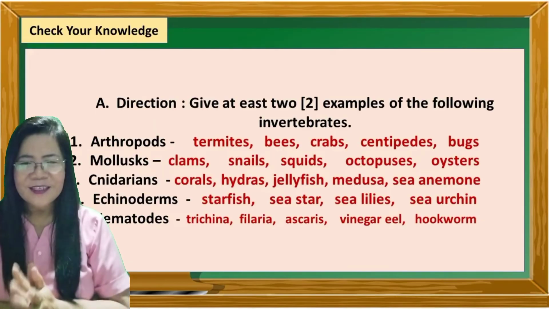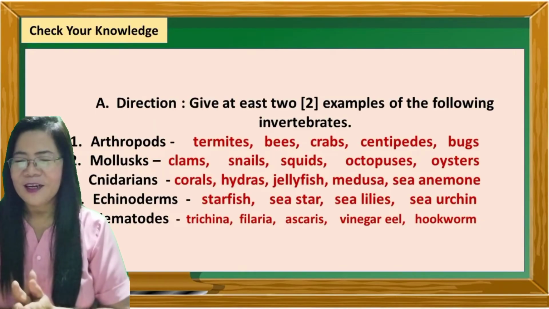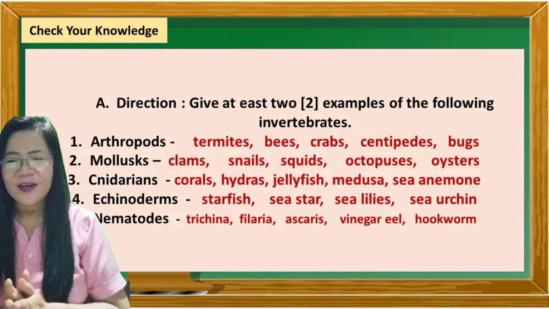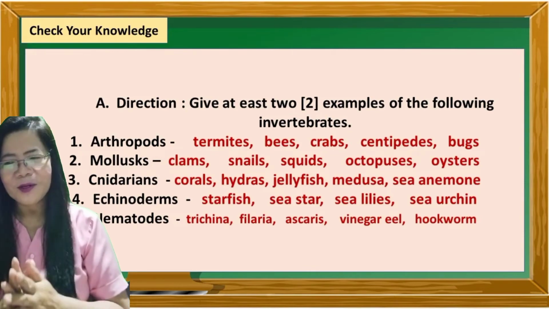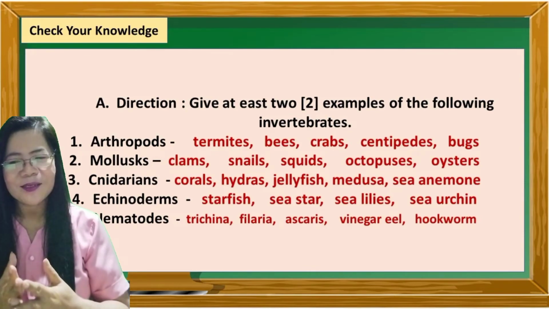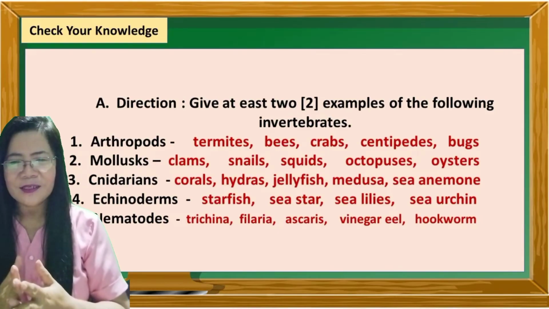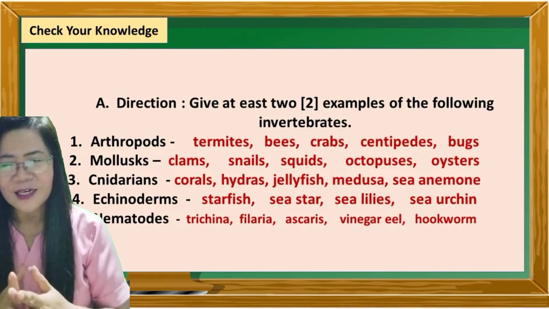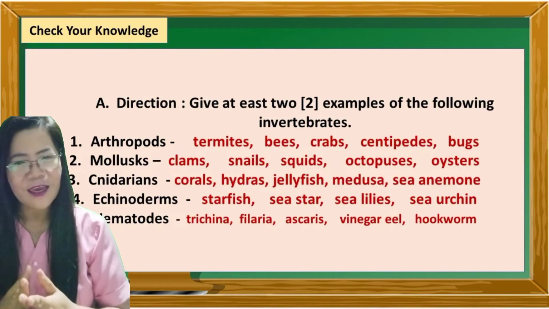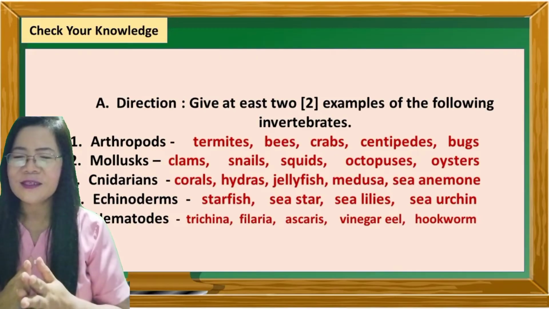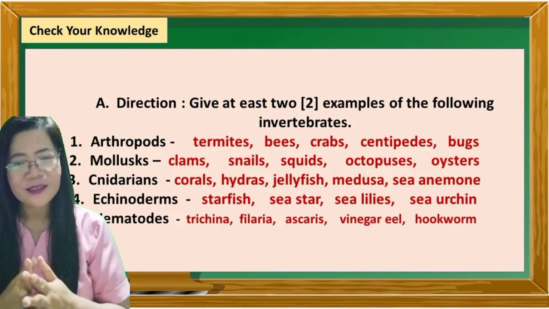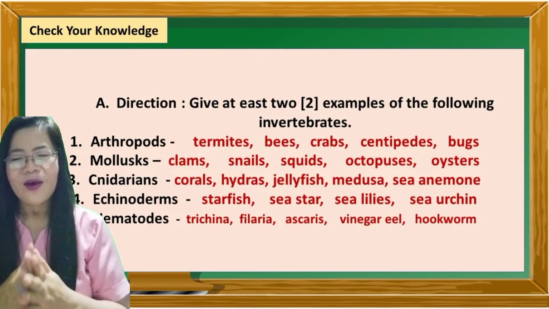Okay, it's time to check your work. Examples of arthropods: termites, bees, crabs, centipedes, bugs. Examples of mollusks: clams, snails, squids, octopuses, oysters.